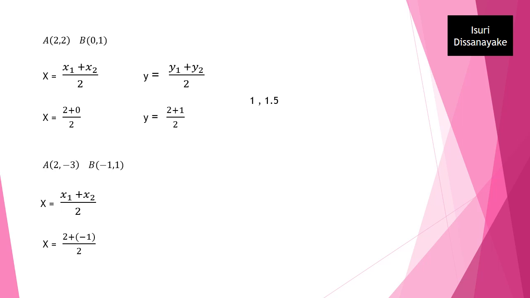Then it is 0.5. And we add the 2 y coordinates, that is minus 3 and plus 1. We divide it by 2, minus 2 divided by 2, it is minus 1. So the coordinate of the midpoint of the line joining A and B is (0.5, minus 1).